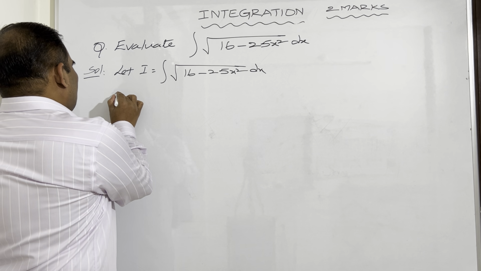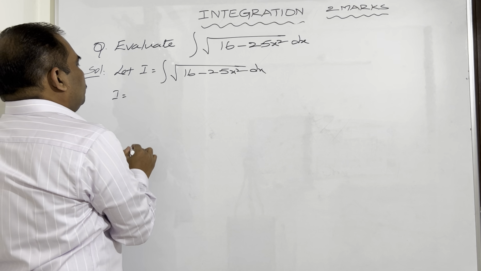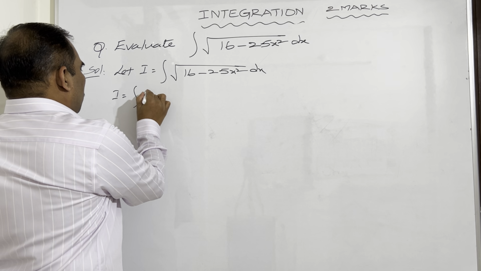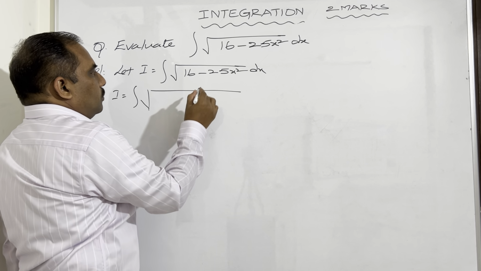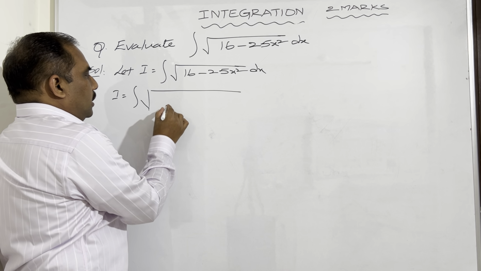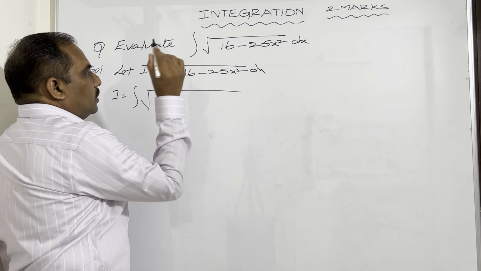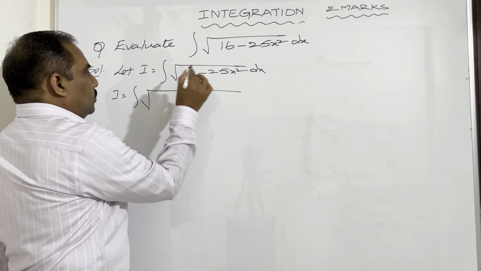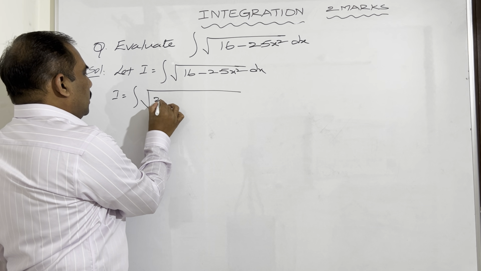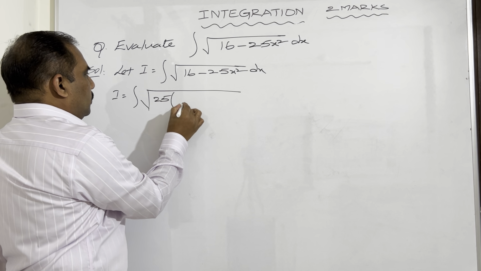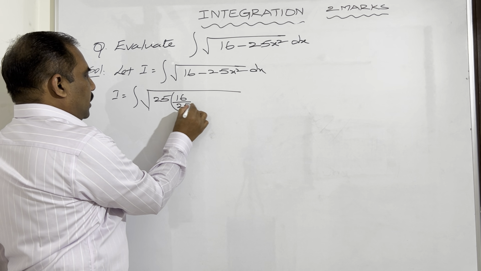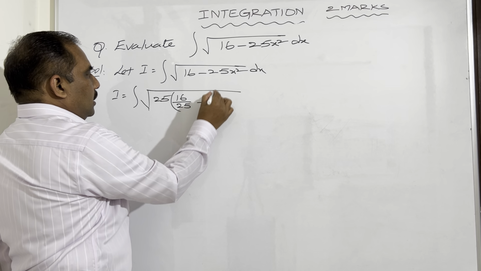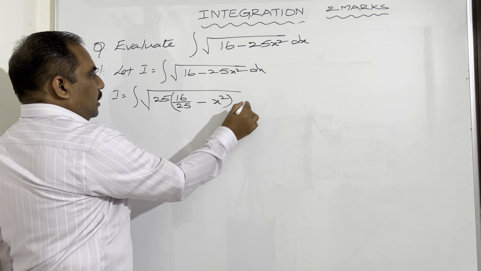In this I, taking 25 common within the root, you get root over 25 into (16 by 25 minus x square) dx.